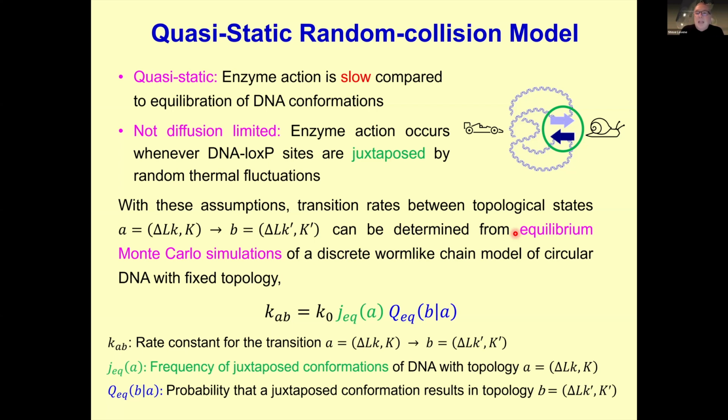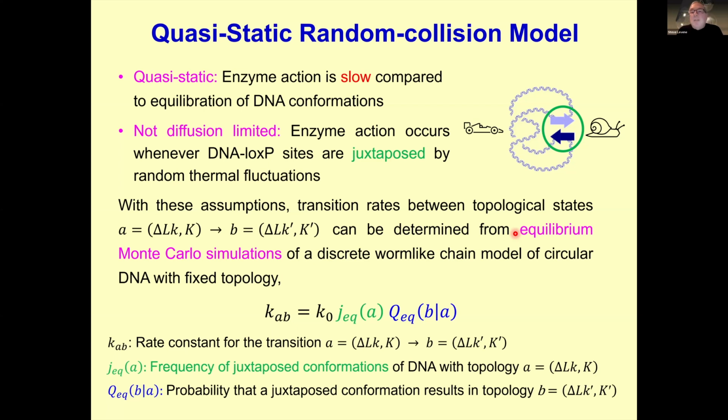And so essentially what we model here are thermal fluctuations using a Monte Carlo-based algorithm to sample configurations where the loxP sites are juxtaposed in a way that allows recombination to take place. And that basically means that they have to be within a certain radius of one another, and their orientations have to correspond roughly to the expected orientation of sites within a synaptic complex.